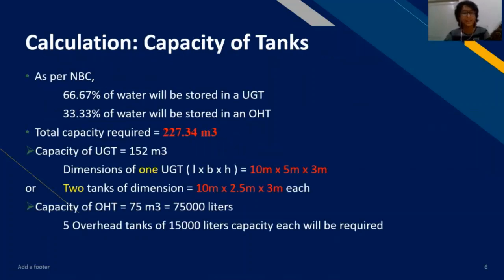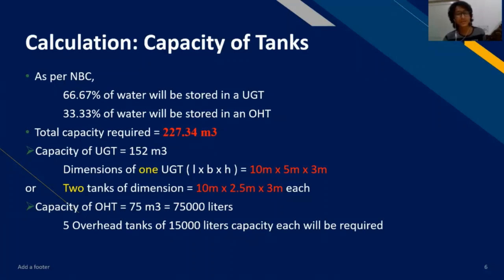Now we will calculate the capacity of the required water tanks, and we have referred to the National Building Code of India (NBC), and according to it, 66.67% of water will be stored in an underground tank, and 33.33% of water will be stored in an OHT.